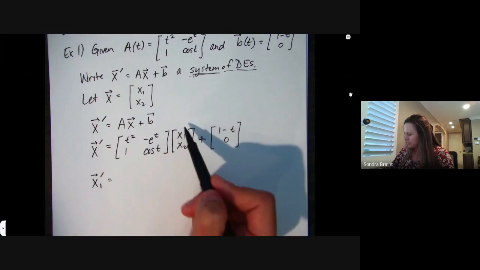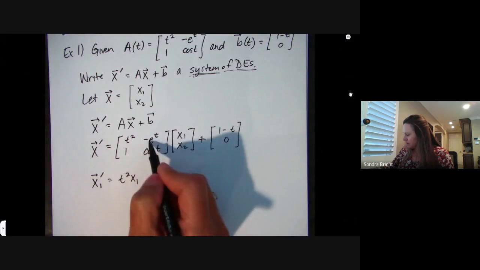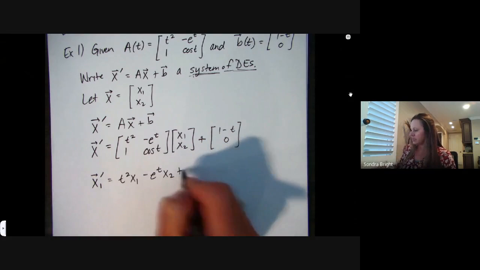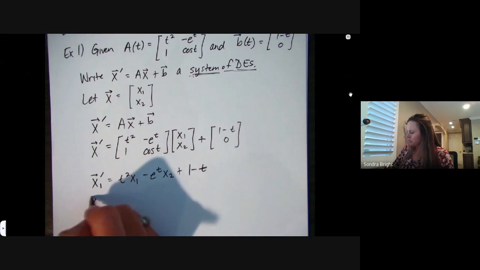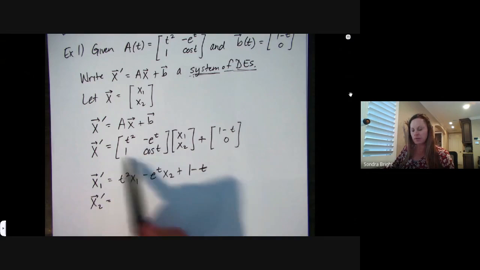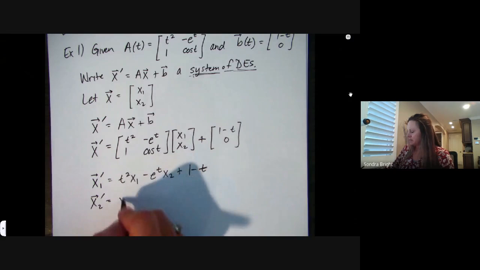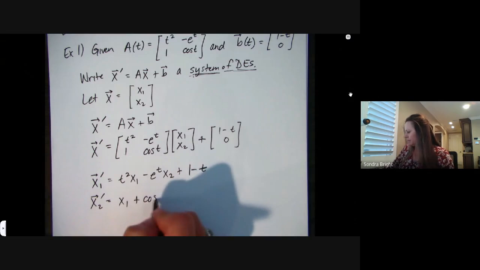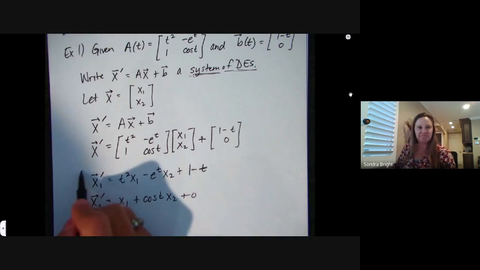So it would be t squared x1 plus negative e to the t times x2 plus row 1 of this matrix. There's one equation. Our second one is row 2 times the column plus row 2 of this matrix. So it would be 1 times x1 plus cosine t times x2, and then plus 0. There's your system of differential equations.